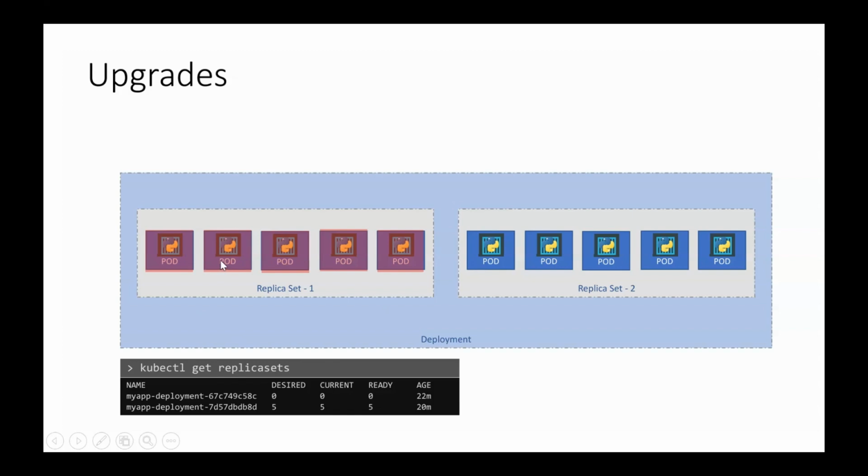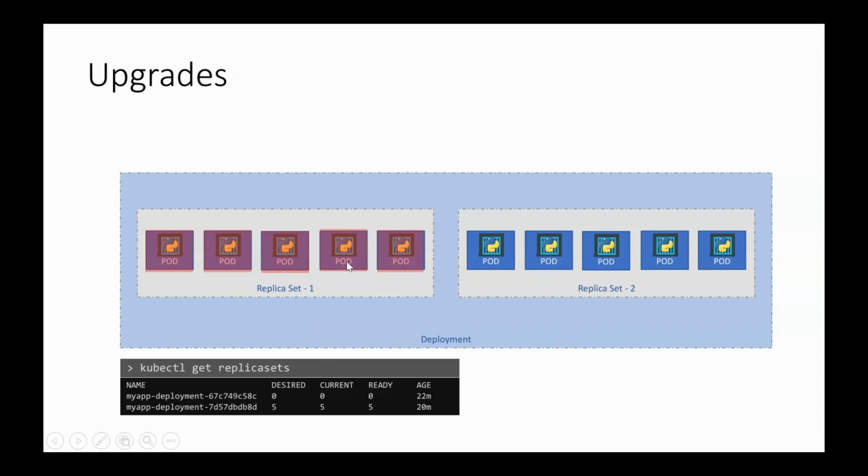Again, in the second update, the second pod will go down and the second pod in the second replica set will go up. The same will be repeated. The third pod will go down and the third pod will spin up here.